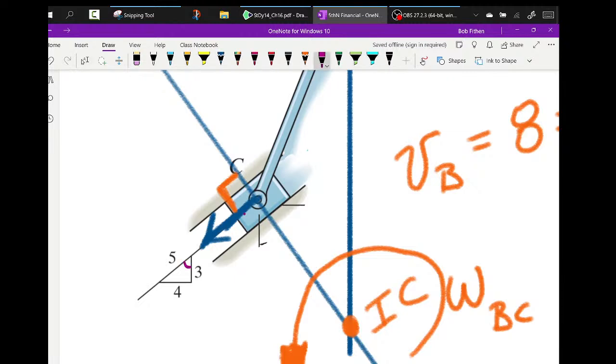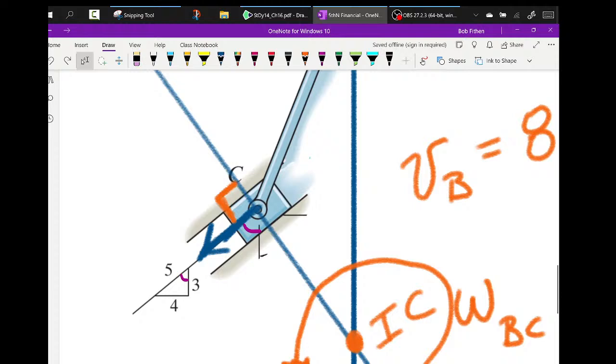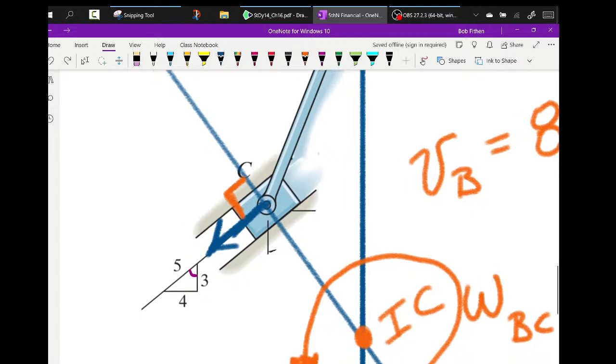Whatever this angle is, it's the same as that angle. Looks like that's going to be tied. I hate to do this, so I'm going to call this angle alpha. Now, I know this angle is going to be 90.